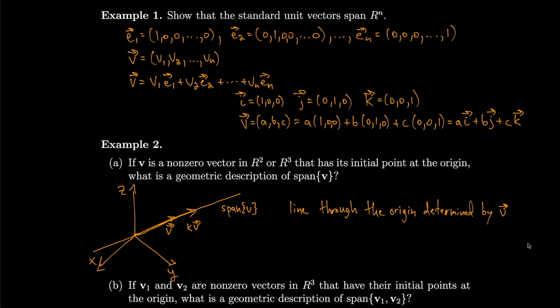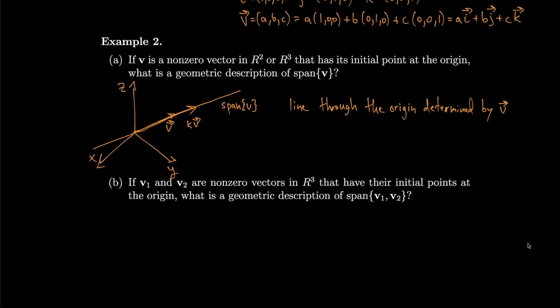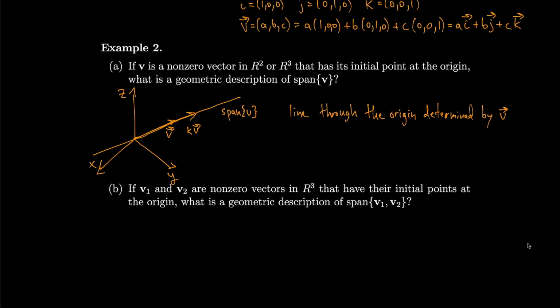So what if we had two different vectors? In that case, you're not just adding the same vector over and over again, you're adding a vector in a potentially different direction. So in that case, let's take a look at what R3 looks like. So I'll draw, let's say, some little v1 over here.